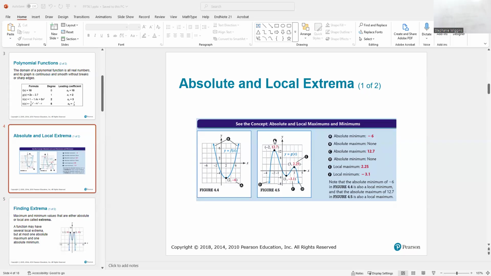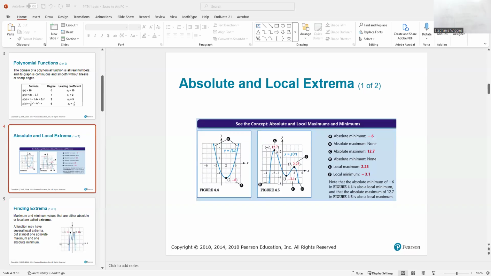Now here at C, this is an absolute maximum. The value is 12.7, and it occurs at -2. You always look at the y value for the extreme value. This is called a local maximum, and the value is 2.25. The reason why it's local is because near the function around it, it's the highest point.